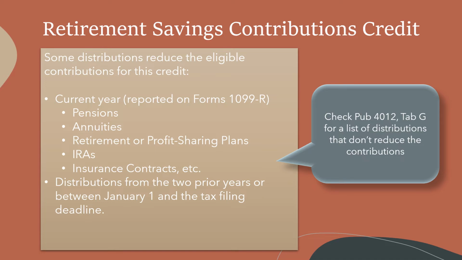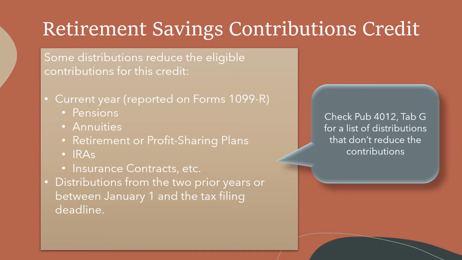And then, of course, if our taxpayers have had a distribution between January 1st and the tax filing deadline of the current year, that's also going to reduce the eligible contributions. There are some types of distributions, however, that don't reduce eligible contributions.